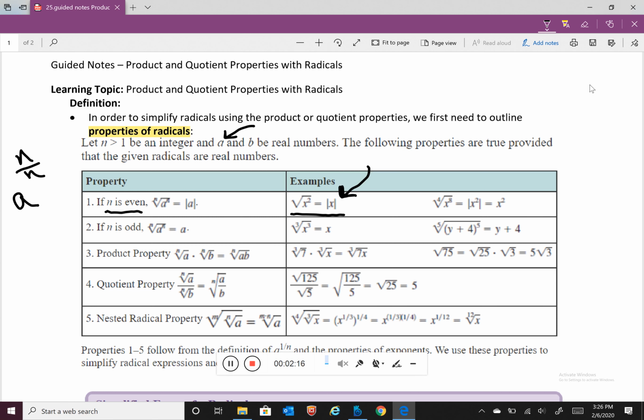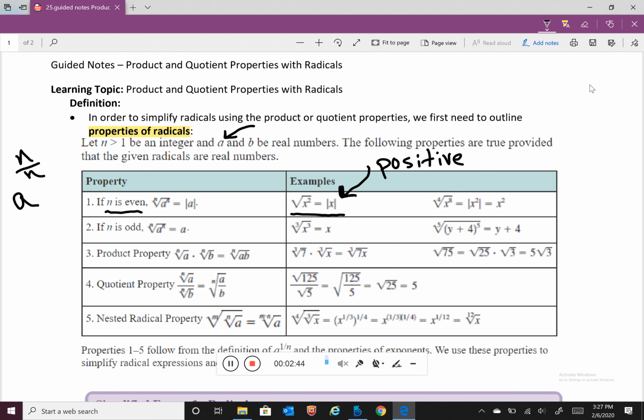Because the absolute value of any number, whether it be positive or negative, is going to give us an output that is positive. So for any nth root where a is being raised to the nth power, if n is even, then our outcome will be the absolute value of a, which means our outcome is positive.